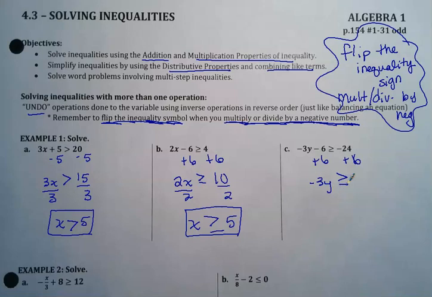Good. Okay. Divide by negative 3 on both sides. Okay, is that a negative number? Yes. Good, so this time we flip the sign. Perfect.